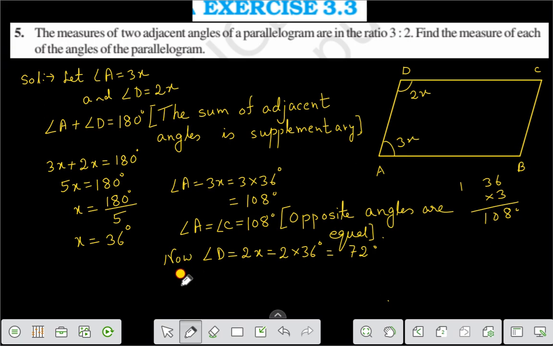Therefore, angle D is equal to angle B is equal to 72 degrees. The reason is that opposite angles of a parallelogram are equal.